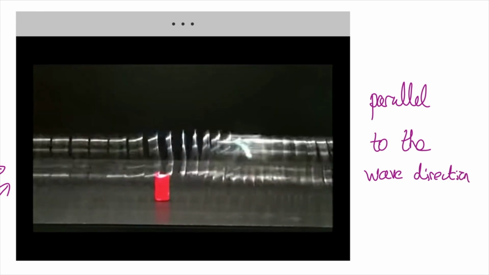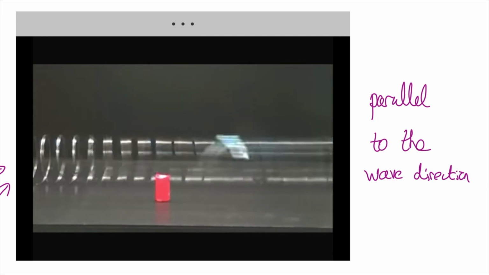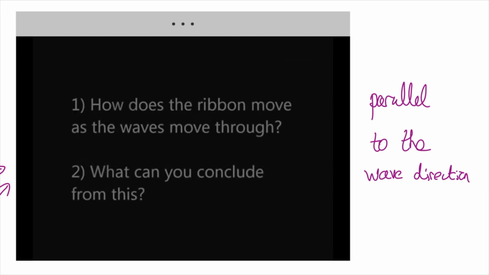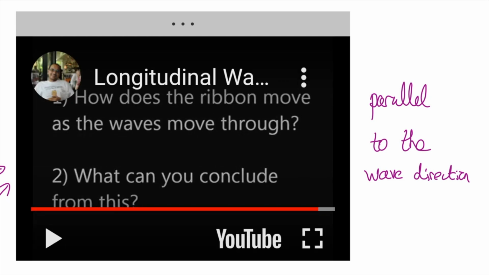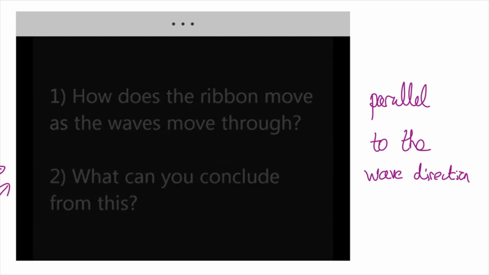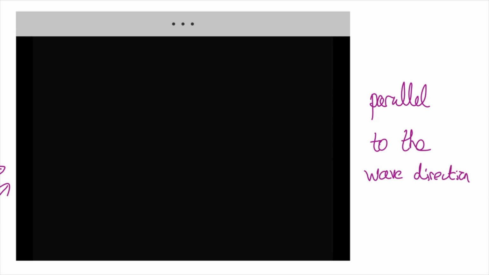Look at the video. You can see that bit of blue string that's been put on the spring itself, left to right. And the question they're asking there, how does the ribbon move, left to right? What can you conclude from this? Well, the particles are moving from left to right.